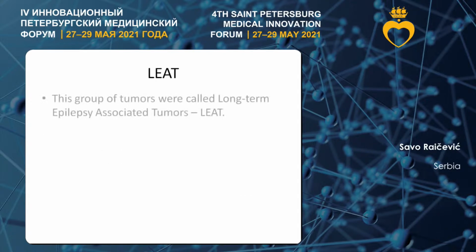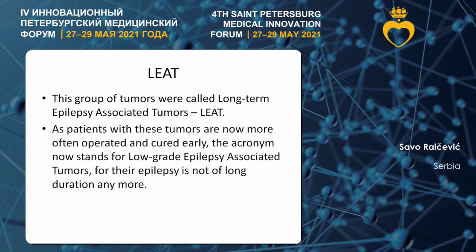And we come to the concept of LEAT. This group of tumors were called long-term epilepsy-associated tumors. As patients with these tumors are now more often operated and cured early, the acronym now stands for low-grade epilepsy-associated tumors, because their epilepsy is not anymore of long duration.